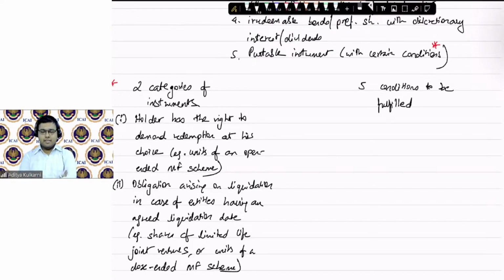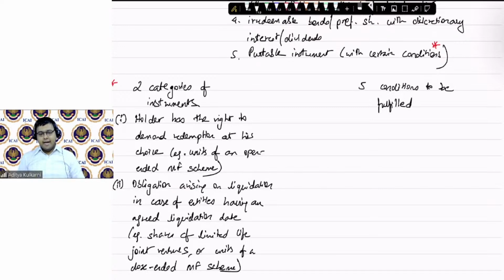Close-ended mutual fund schemes come with a lock-in period. After 10 years, we will return the money back to you. After 5 years, we will return the money back. In those 5 years, you cannot demand a redemption. In those 10 years, you cannot demand a redemption. Okay. So these are the two categories of instruments.